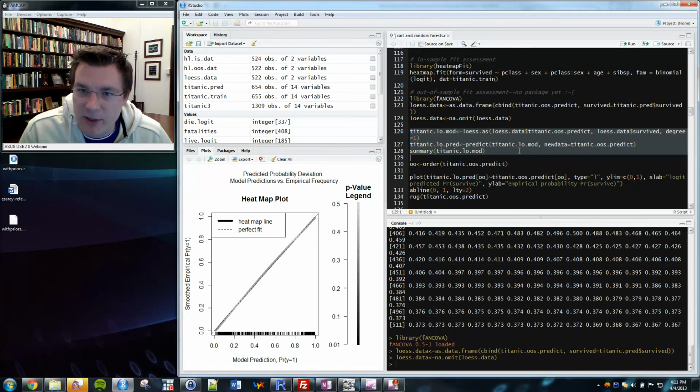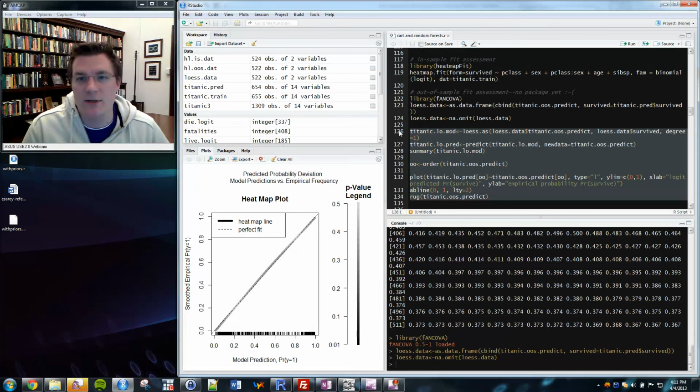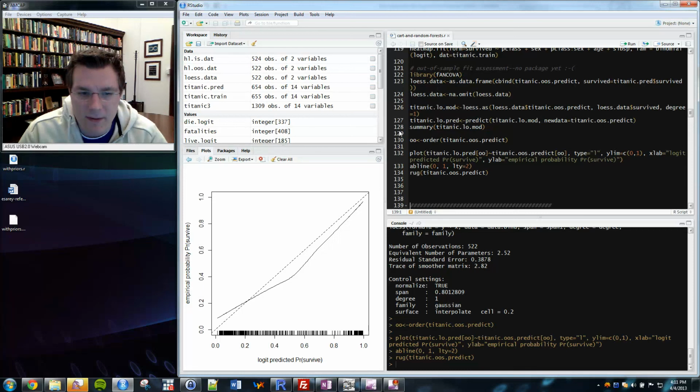I save those predictions, I put them in order, and then I plot them. So in other words, I'm just doing the thing that the Heatmap fit function does, but I'm doing it manually. And so this is the out-of-sample Heatmap fit statistic.